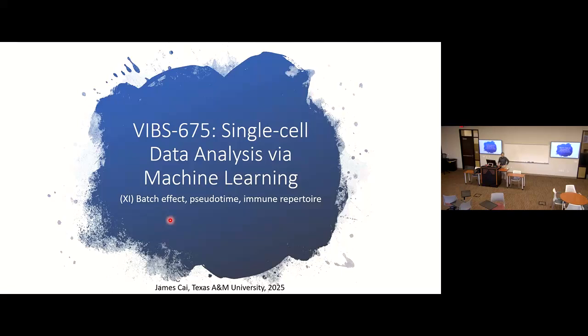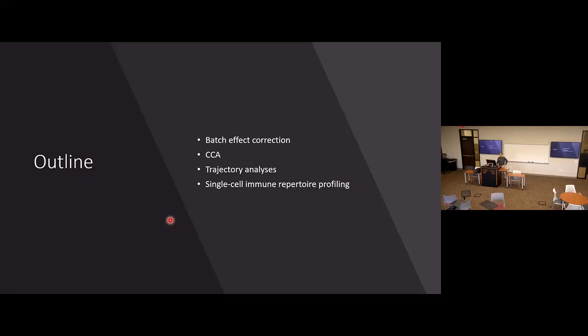So today we are going to cover several topics I put together. Not only the pseudo-time analysis, we will start from batch effects correction. In terms of technique, we will discuss CCA analysis, one of the methods we can use to do batch effects correction. And a further application is using it for multi-omics data integration.